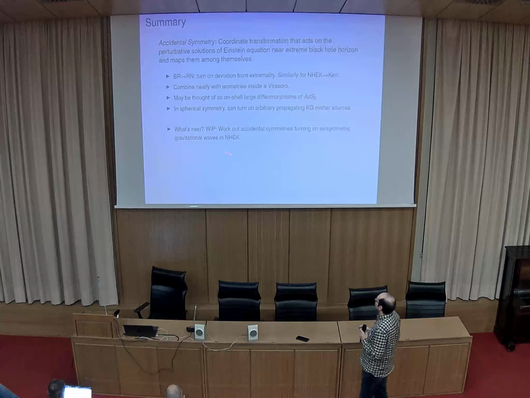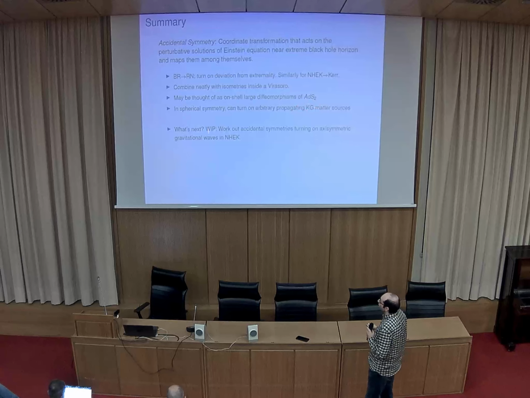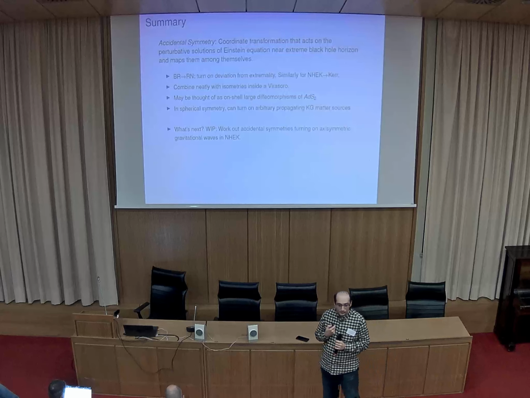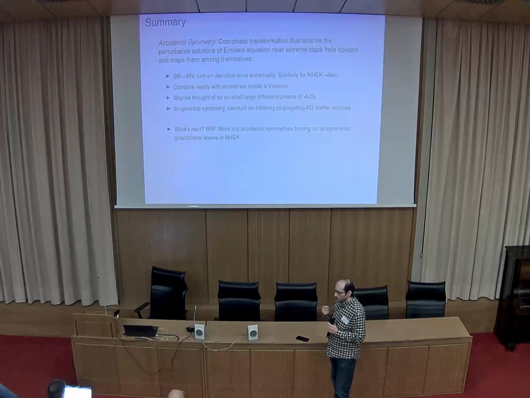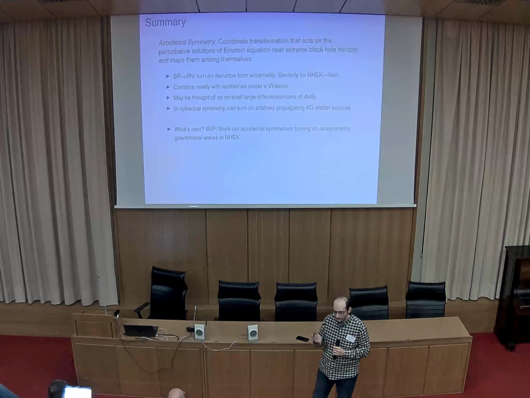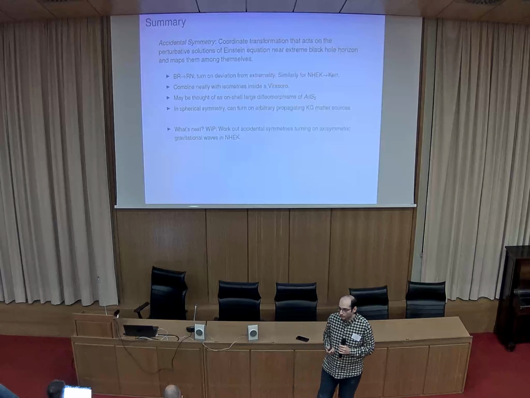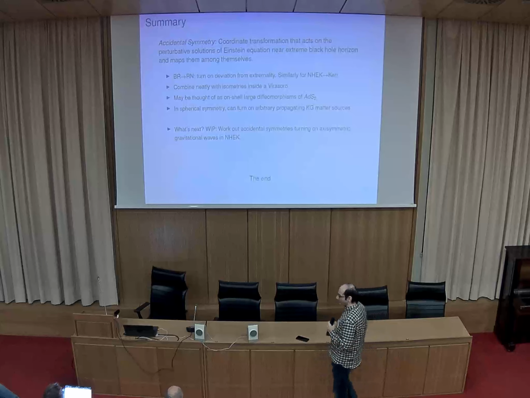Now, what are we doing now? We're doing the same thing now for gravitational waves of NHEK. This calculation for scalar waves of Reissner-Nordstrom is a proxy for the axisymmetric gravitational waves of NHEK. And so we expect, this is still work in progress, of course, but we still expect that it should be possible to turn on gravitational waves that are axisymmetric around NHEK by acting on the analogous solutions of NHEK with some appropriately chosen diffeomorphism. All right, this is the end, and I'm happy to take questions.